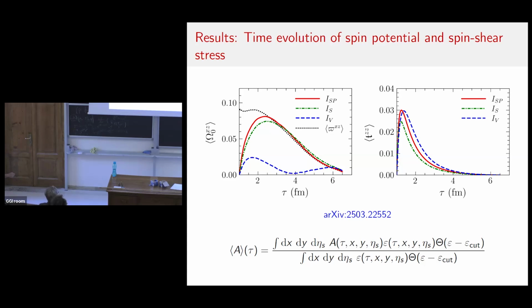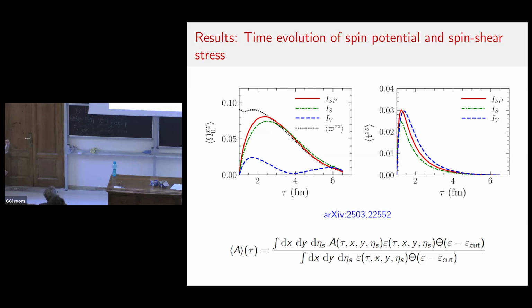Now this dotted black line is thermal vorticity. To get rid of any uncertainty associated with the initial condition, we initialize omega, kappa, and t, everything, to 0. So this is our initial condition. Initially the system is far from equilibrium, but due to different relaxation mechanisms, it approaches thermal vorticity.